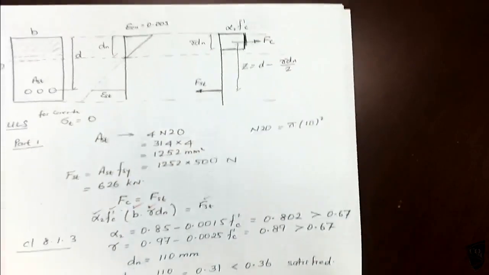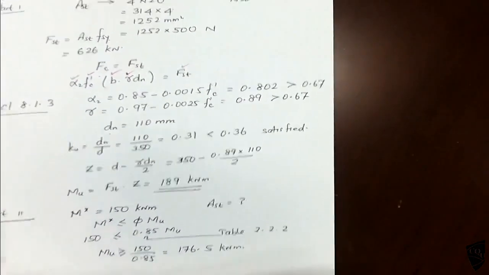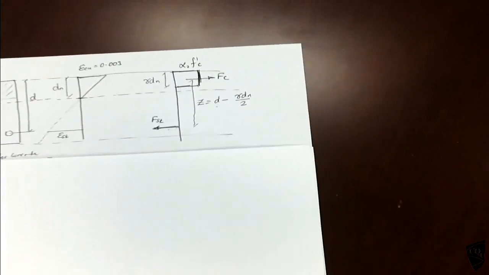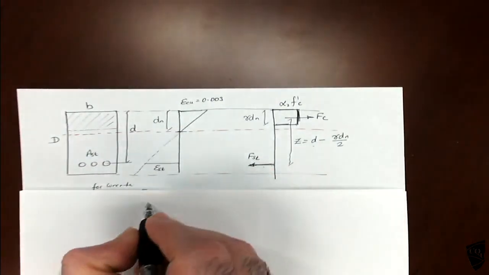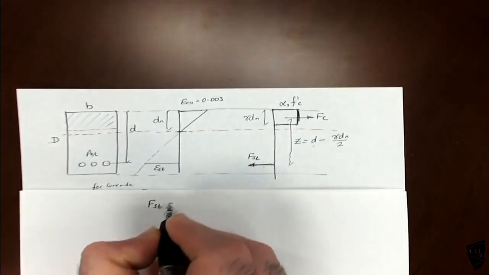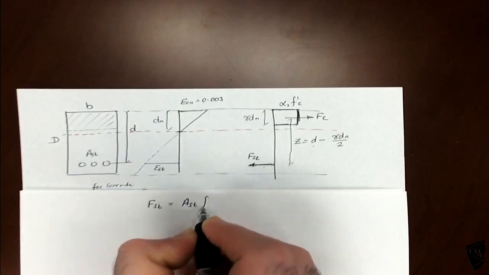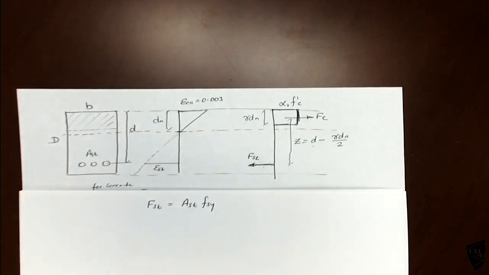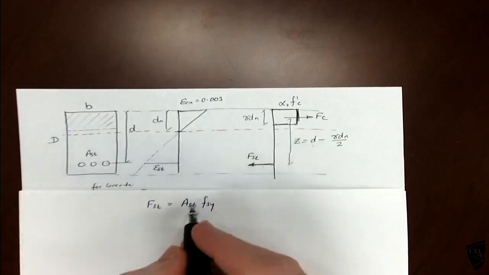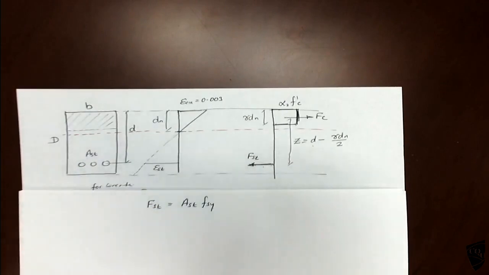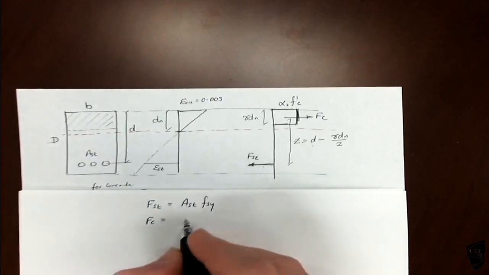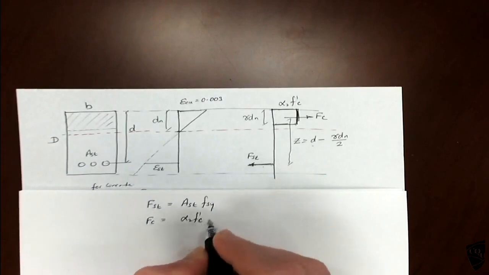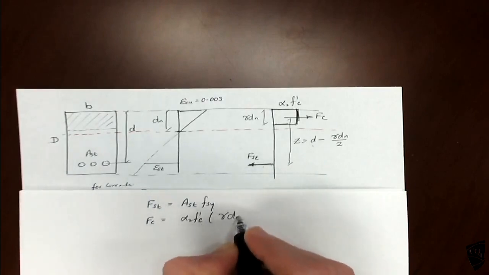So if you want to get the Mu things, go back to the diagram. Here Ast is unknown, so Fst is equal to Ast fsy, but I don't know the Ast, so I can't calculate. Earlier I knew this one, so I was able to calculate, but not now. Fc is alpha 2 f'c gamma dn times b.